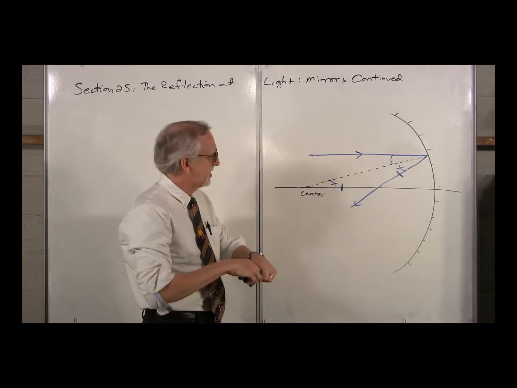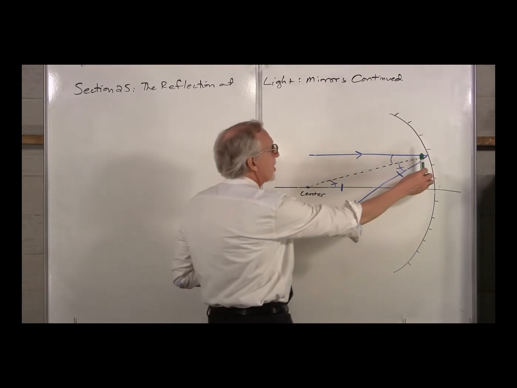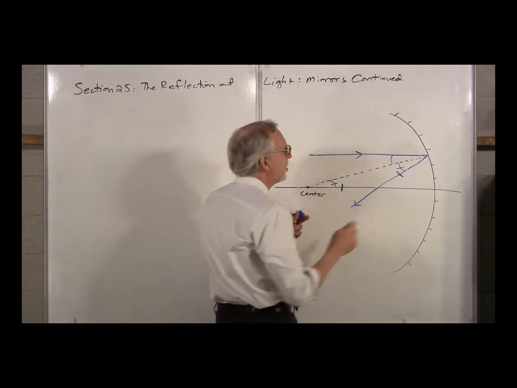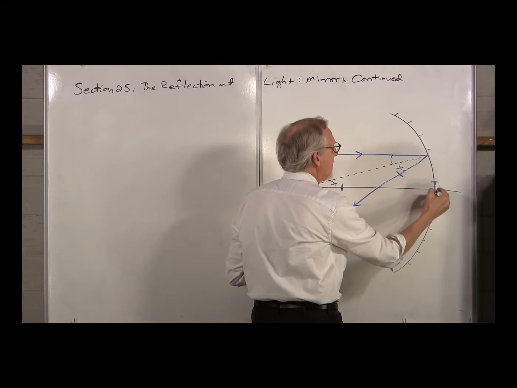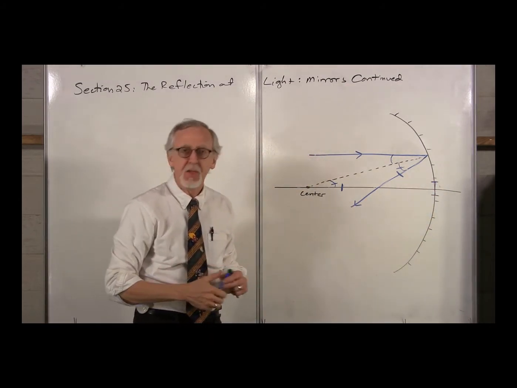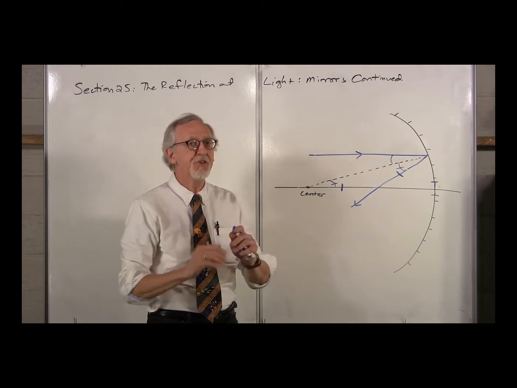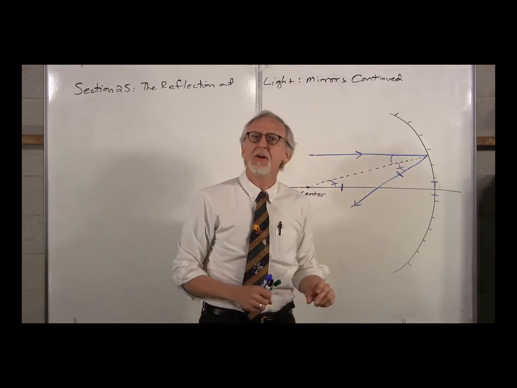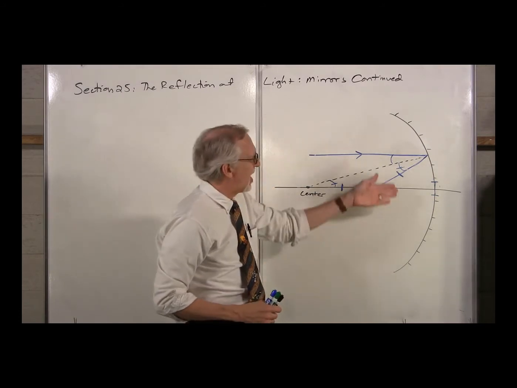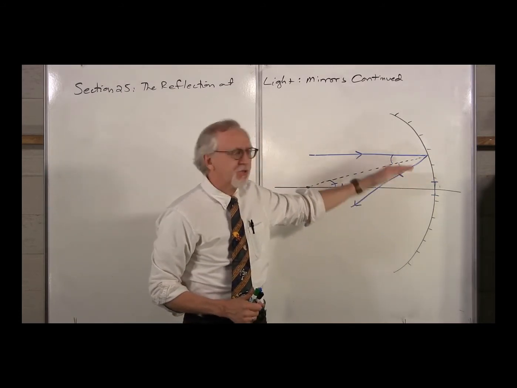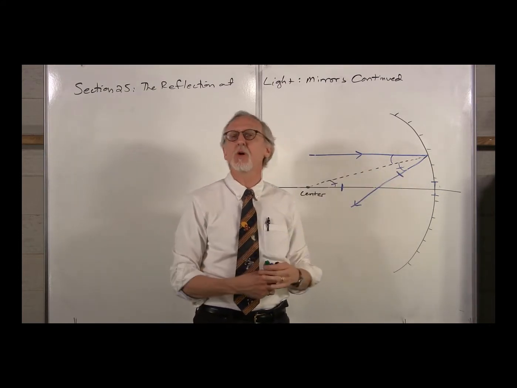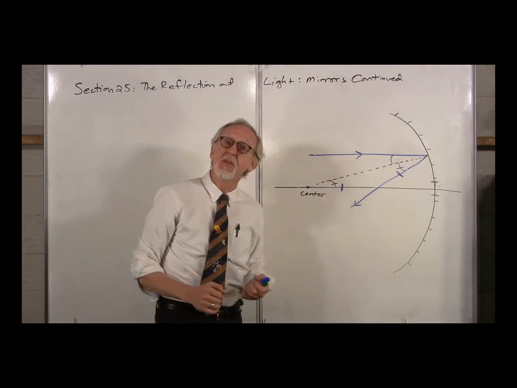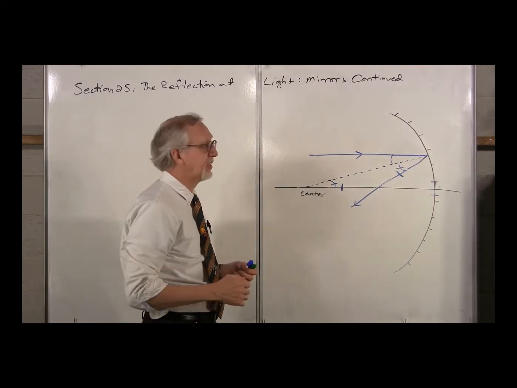What that means is that we're getting close to the principal axis and the mirror looks fairly much like a straight line. And actually I'll start drawing the mirrors as straight lines under this approximation, meaning that we're very close to the principal axis. Now obviously that's not going to be true in my diagram here, but we'll assume we're close to the principal axis so that we can approximate the mirror as a straight line.